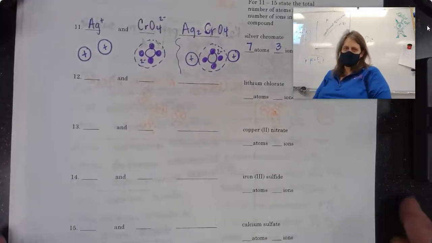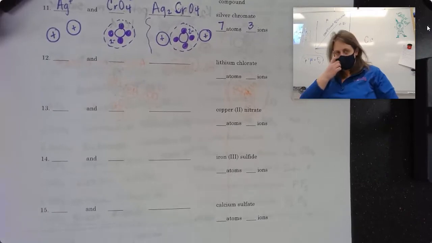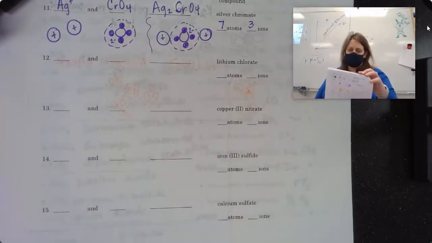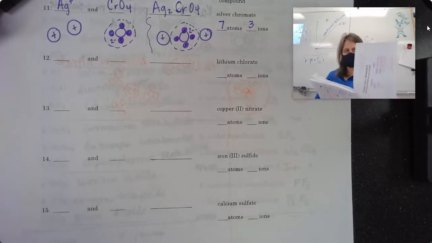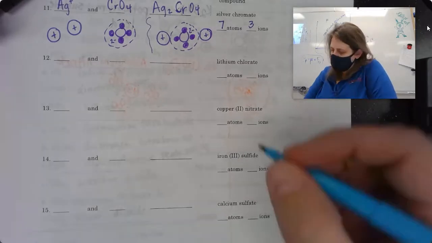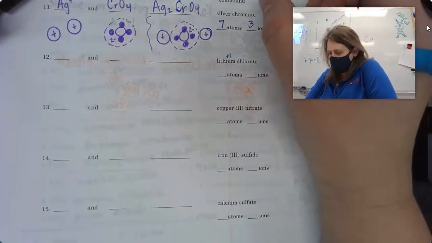Okay, so this part at the bottom, I kind of want us to make sure that we got this down here at the bottom. All right, so you were given, for number 12, lithium chlorate. Lithium has a +1 charge and chlorate has a -1 charge.